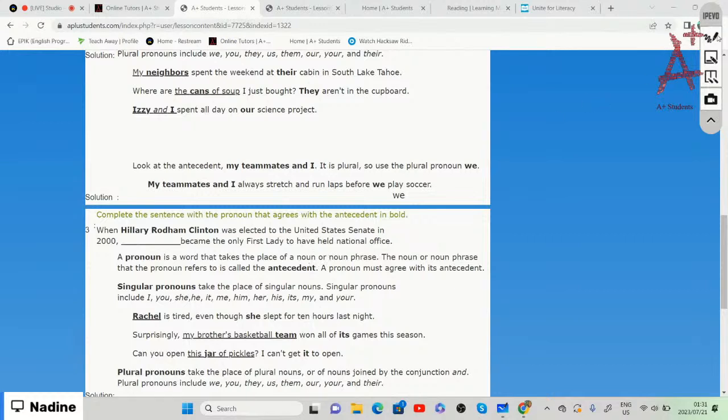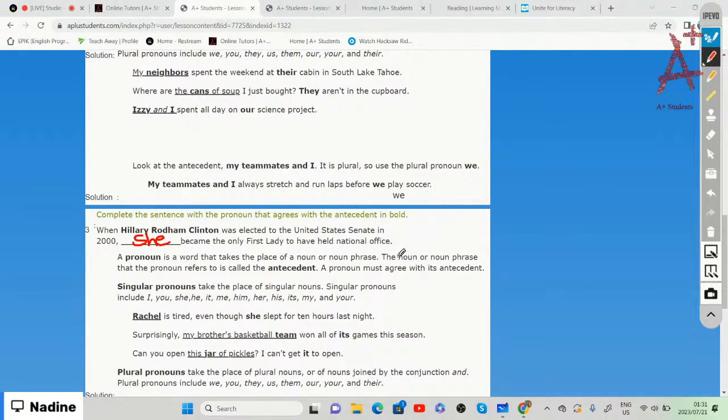So we will say she became, because it's a lady, the only first lady to have held national office. So when Hillary Rodham Clinton was elected to the United States Senate in 2000, she became the only first lady to have held national office.